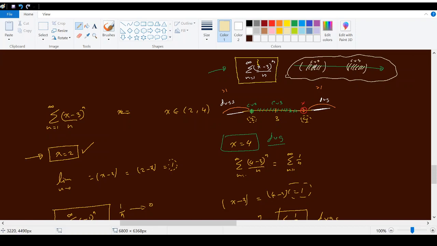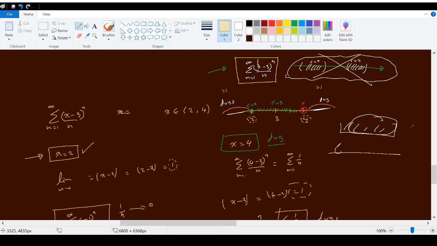Right? This is a very important and common property for all the power series. None of the power series will possess this sort of behavior. If it converges, then all those converging points will be packed together, and in the remaining regions it diverges.